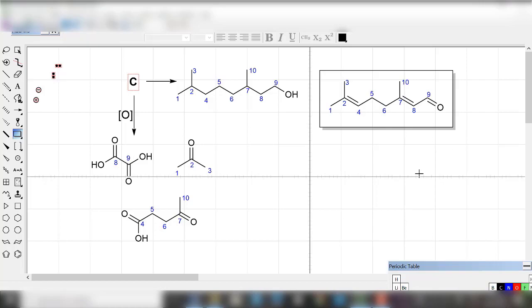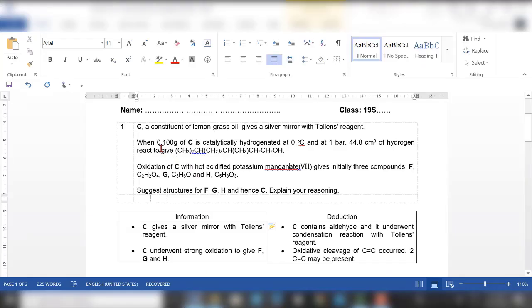So if you take 0.1 divided by 152, you should get about 0.0065 something. Then if you calculate the number of moles of hydrogen here and take the ratio, it nicely falls into the category where 1 mole of C reacts with 3 moles of hydrogen. So that means the formula that you came up with for C is on the correct track.